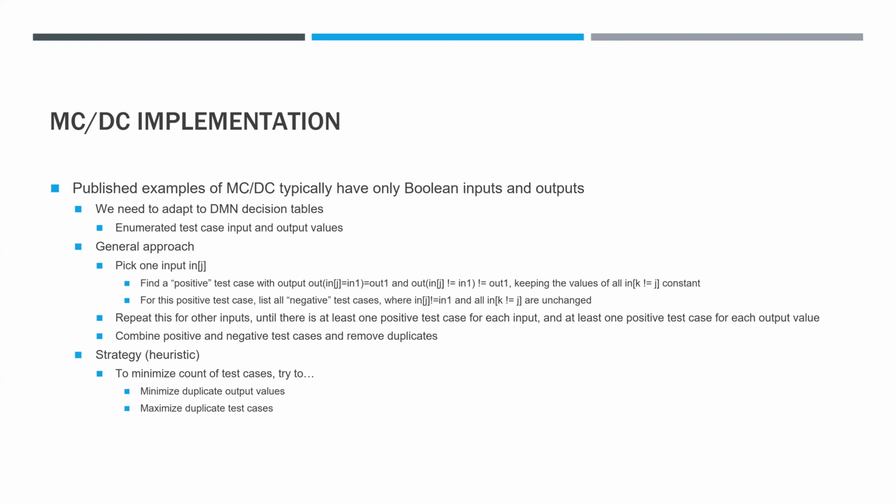And then you need to repeat this until you have positive test cases covering all the inputs and all the enumerated output values. At the end, you combine all the positive and negative test cases and throw out the duplicates, trying to minimize the total count by maximizing the duplicates. And if it sounds messy, it is.